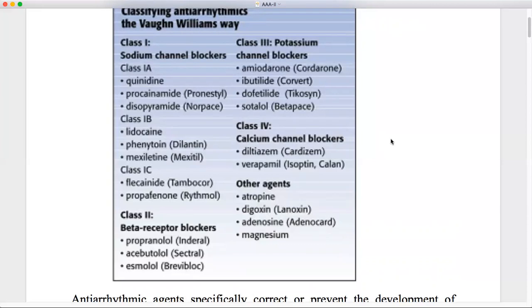Class 3 is called potassium channel blockers. And class 4 is called calcium channel blockers, which we have also discussed in detail. Okay, so these are the various classes of drugs used in the treatment of cardiac arrhythmias.